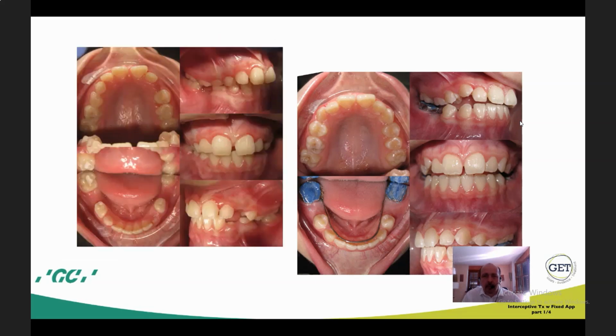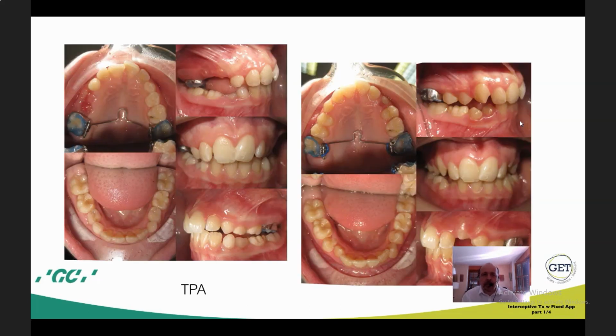When we look at the beginning and the end of the situation, we see that actually a lot of transition happened, but we didn't intervene in anything else than just stopping the molars in their position to maintain the arch length. Of course, if we are not expecting the second premolars, then we should not use this sort of intervention.